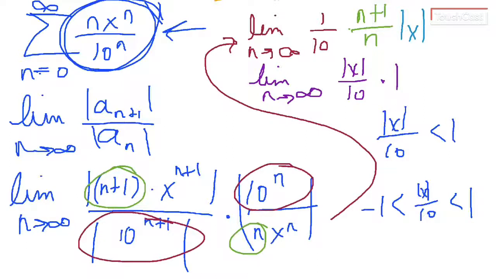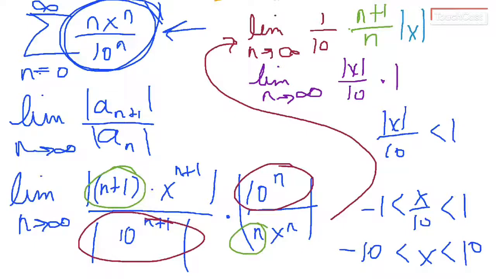I can multiply by 10. I'm going to get -10 is less than x, which is less than 10. Now I don't need the absolute value bars anymore. That was the whole point.